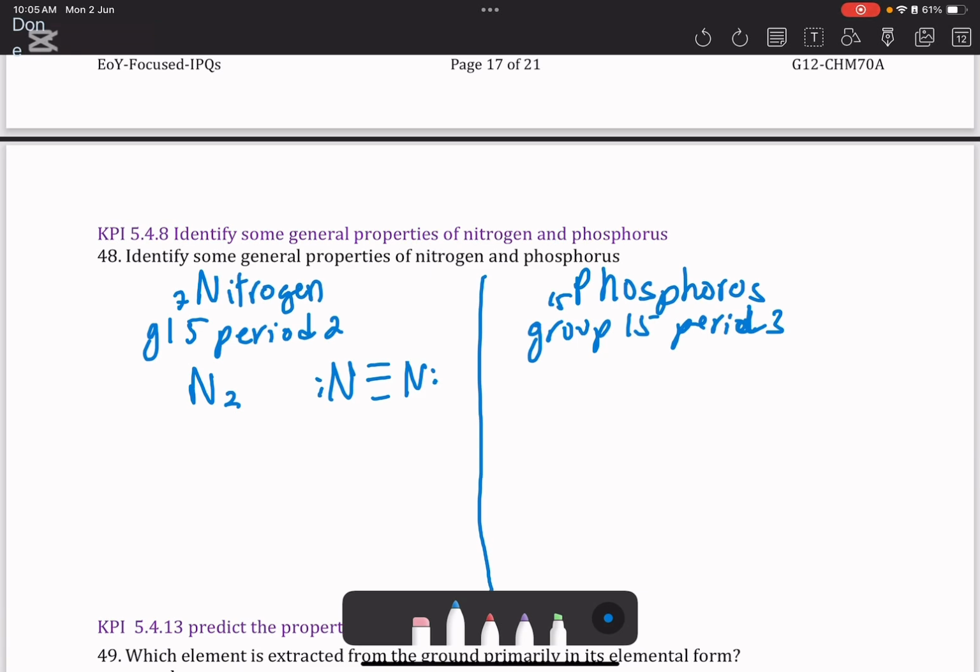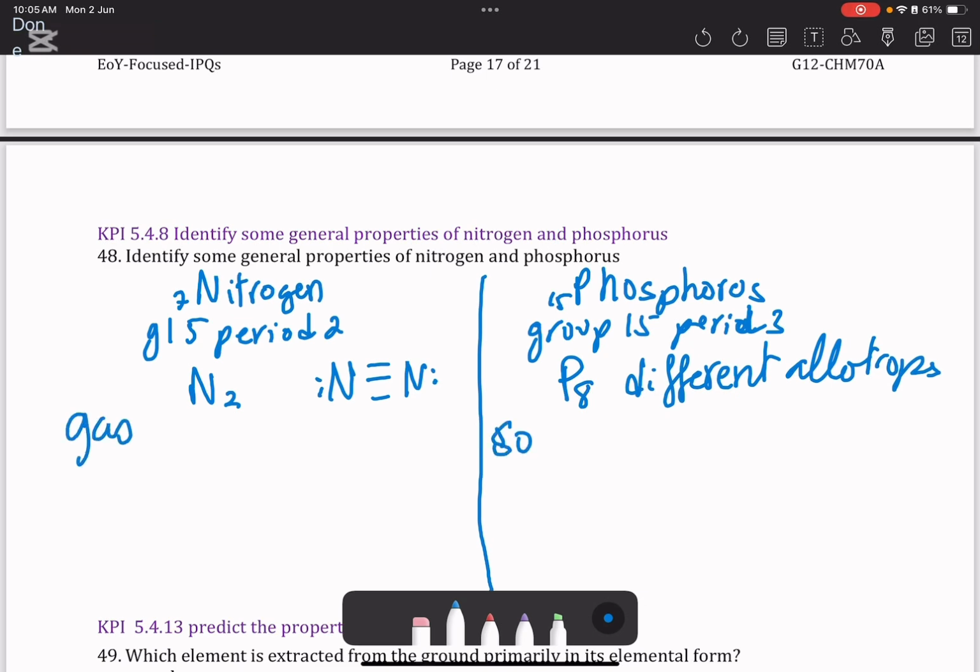The allotropes of phosphorus, you don't have to memorize them, but there's one like P8, well known. So that's an allotrope of phosphorus. Nitrogen is a gas at room temperature, phosphorus is a solid. Just think about comparing these two.